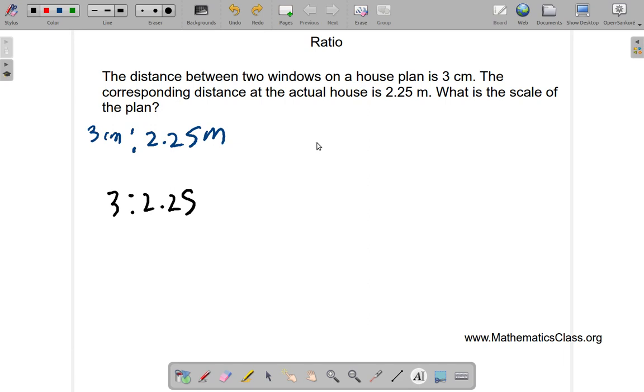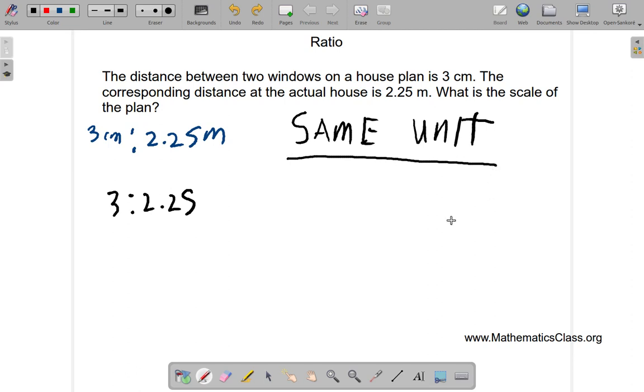So what you want to do is convert either meters to centimeters or centimeters to meters, because both quantities that you are comparing must be in the same unit.